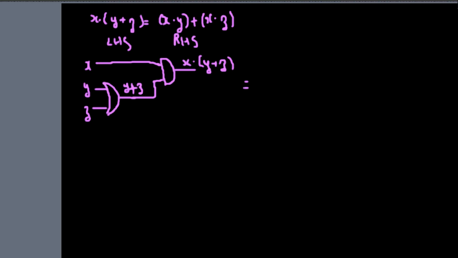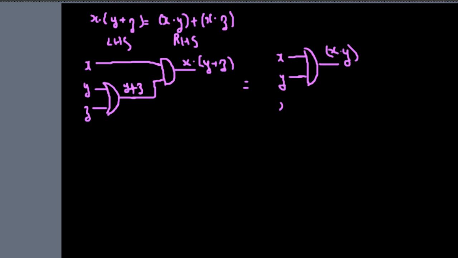Let's draw the gate representation for this RHS. You have x and y and you pass them through an AND gate, so you'll get x multiplied with y. Similarly you have x multiplied with z.